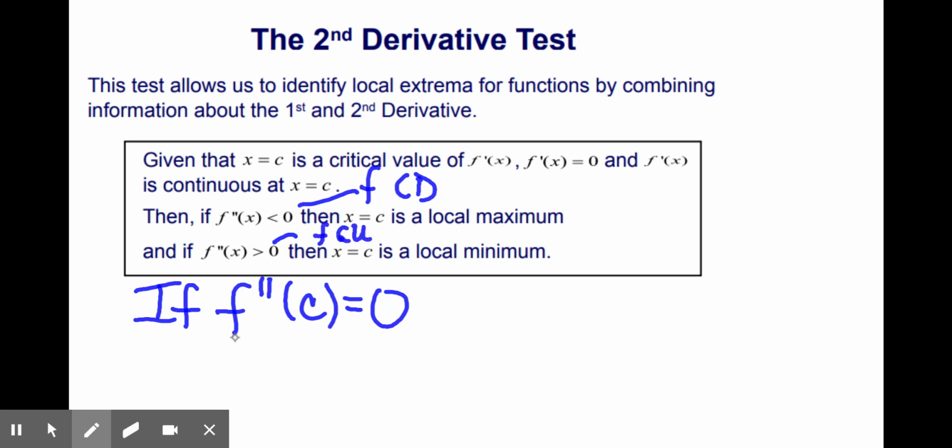The problem is when the second derivative is equal to 0, it's not concave up or concave down. So then what do we do? The problem is the second derivative test fails.